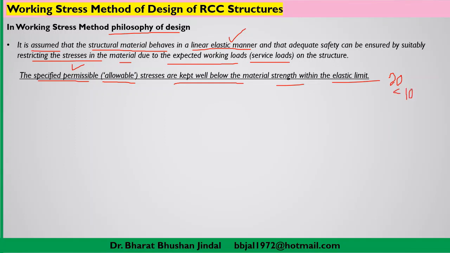So concrete of 20 MPa strength will be assumed as having a 10 MPa strength. So 10 will be our allowable permissible stress and 20 will be the actual strength.